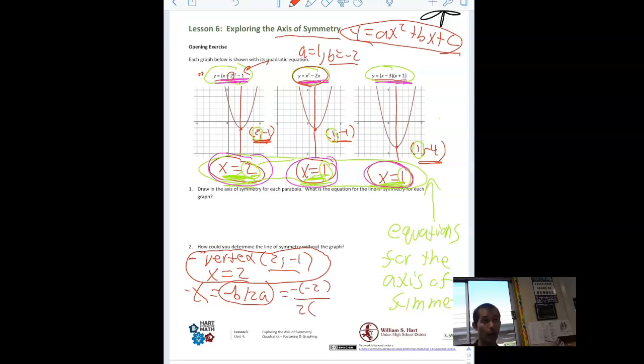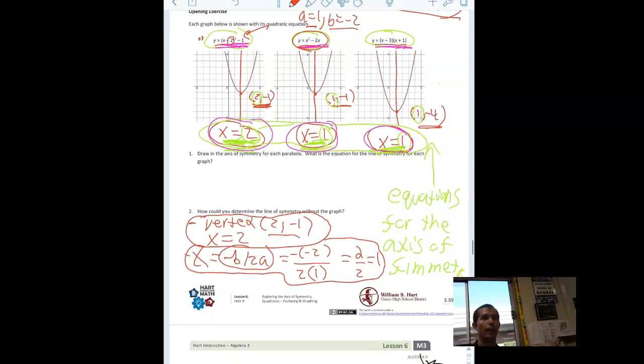I know that a was 1, okay? So I'm going to plug that in. Then I'm going to get 2 over 2, which is just 1. So my equation for the axis of symmetry is just x equals 1 by using -b over 2a because my original quadratic was expressed in standard form.